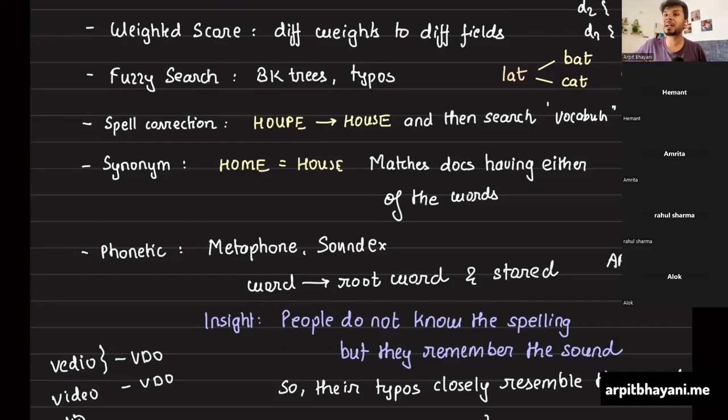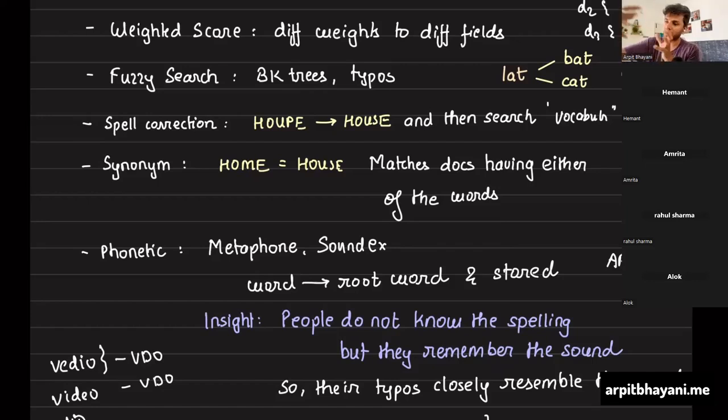You have a document that contains Gryffindor house, but not Gryffindor home. But house and home are synonyms, so if someone searches for Gryffindor home, it should also match Gryffindor house. This is what synonymic expansion is all about: home is equal to house. So if people search for home, also match the documents that contain house and then rank them.